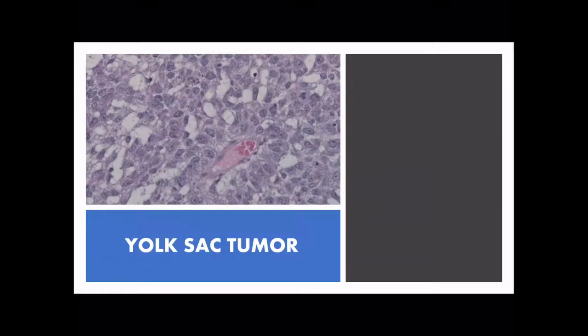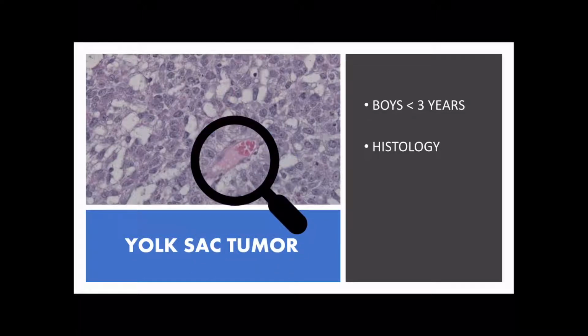Alright, so let's move on to the next type of tumor, which is yolk sac tumors. It's important to know that they are very common in young children, especially in those who are less than 3 years old. Something they love asking about this tumor are the Schiller-Duval bodies, like the one we can see on the photo on the left.